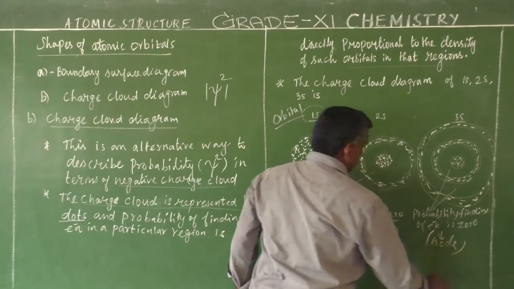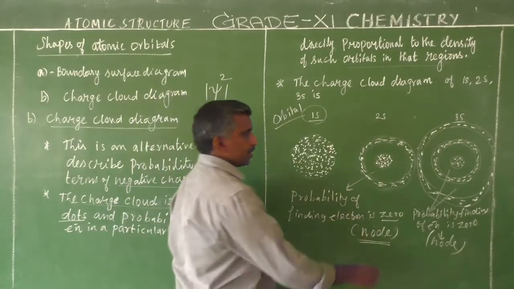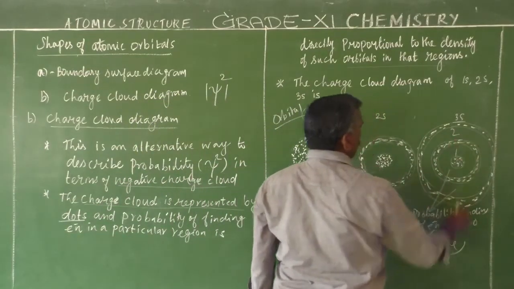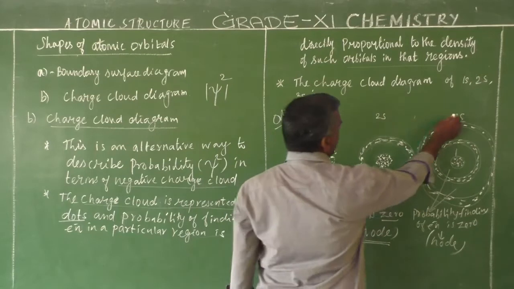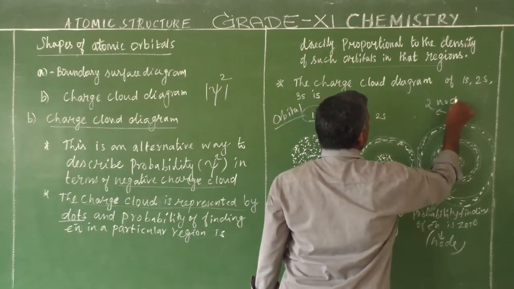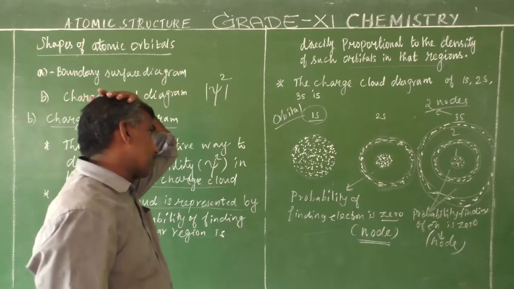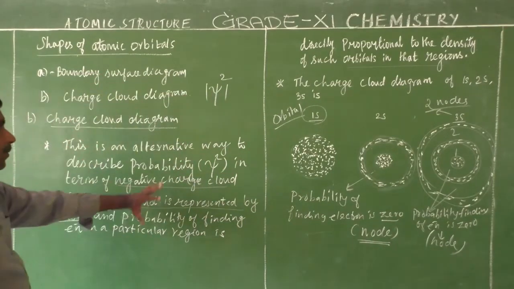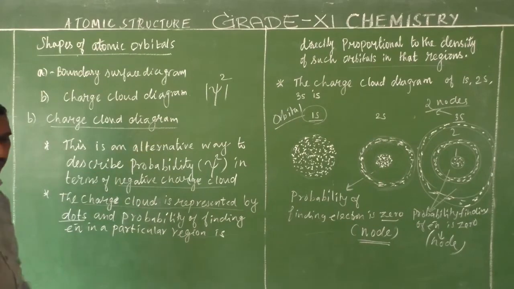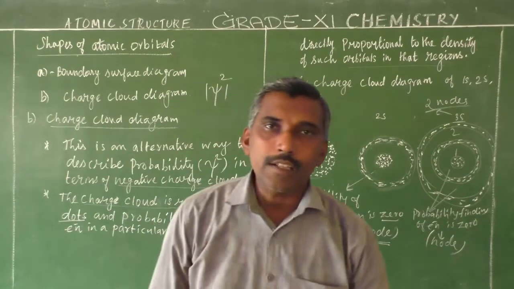The 3s orbital has 2 nodes. This is the s orbital charge cloud diagram.